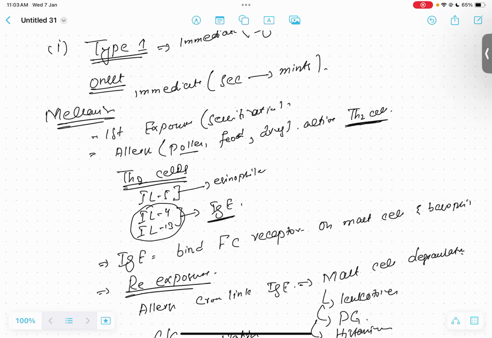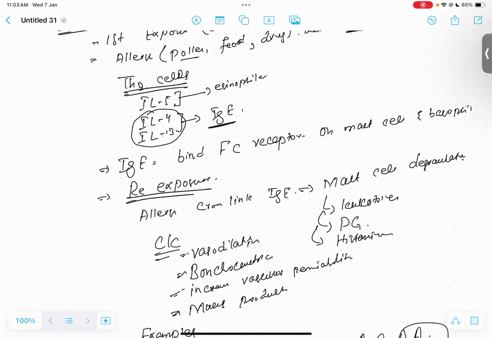Among these, interleukin 4 and 13 will produce IgE. This IgE will bind to the Fc receptor on mast cells and basophils. This first step is called sensitization.